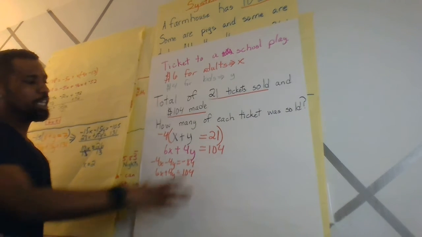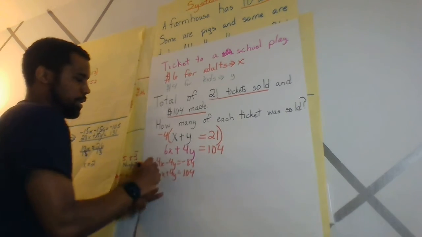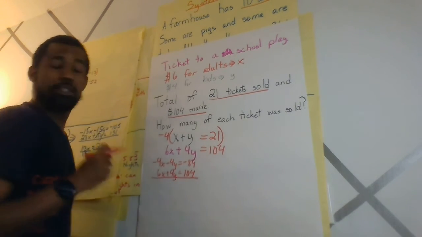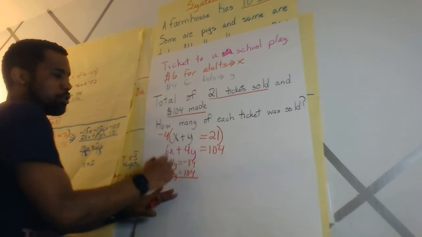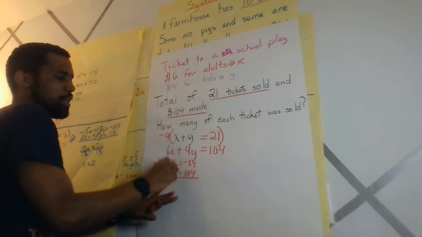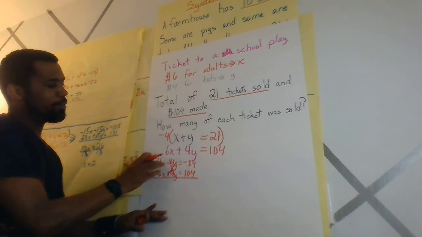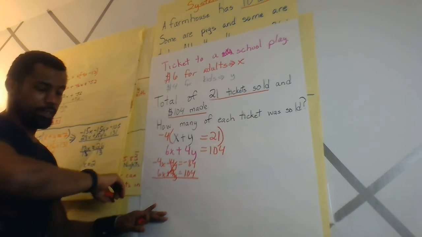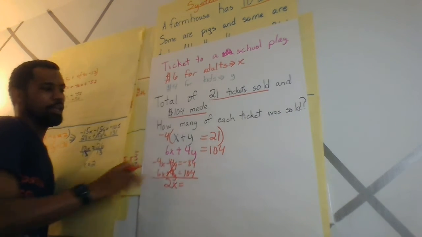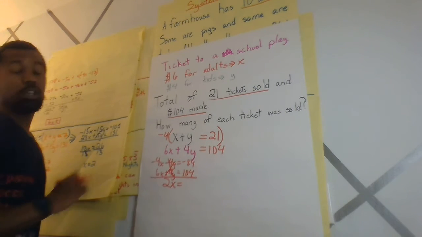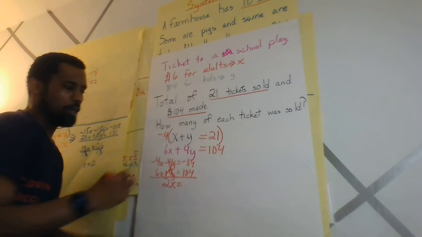All right, so now at this next point, as we know, we add the two equations together. And remembering what we know about like terms, if they don't have the same variable, we can't add them together. So these two are gone. -4y plus 4y is 0. Okay, we've eliminated the y's. -4x plus 6x is 2x equals, okay, -84 plus 104 is the same thing as 104 minus 84, which is 20.